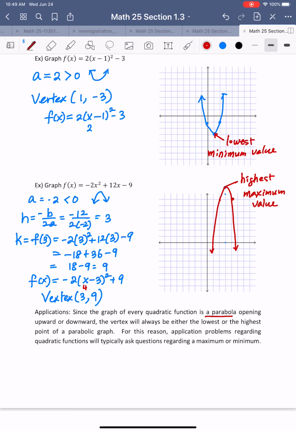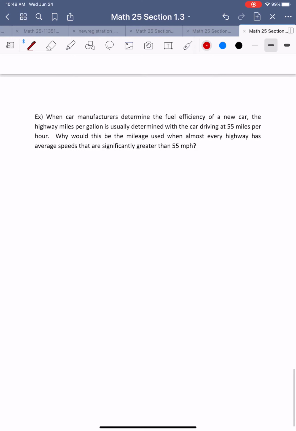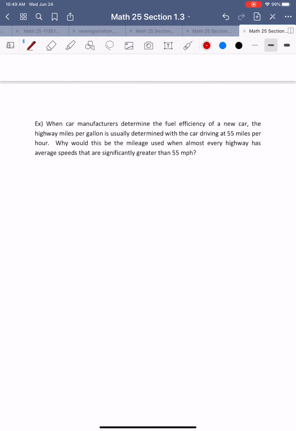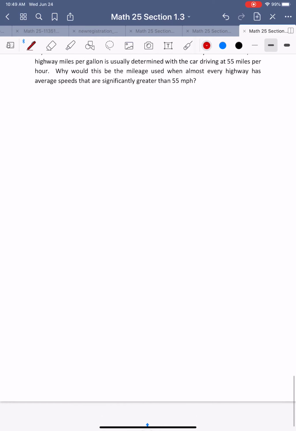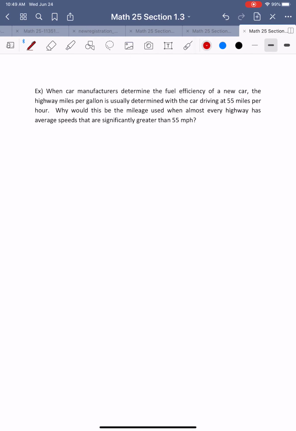Okay, so application problems regarding the quadratic function will typically ask questions about the maximum or minimum. So let's look at the question. When car manufacturers determine the fuel efficiency of new cars, the highway miles per gallon is usually determined when the car is driving at 55 miles per hour.